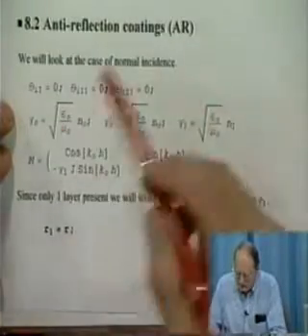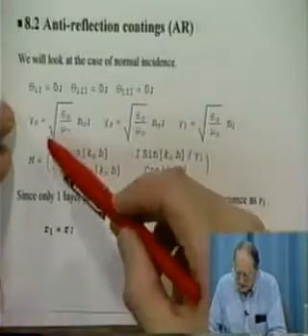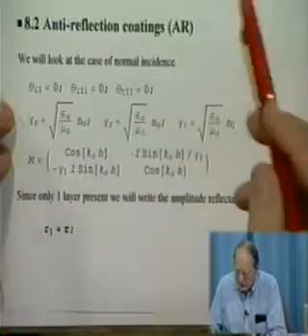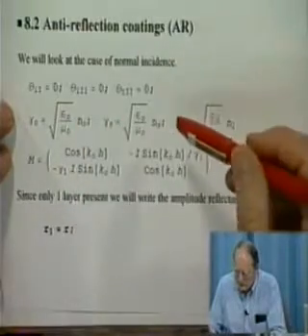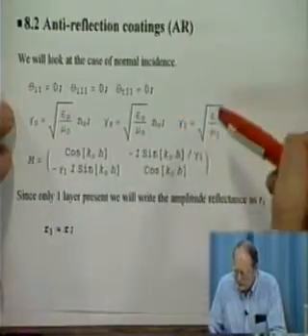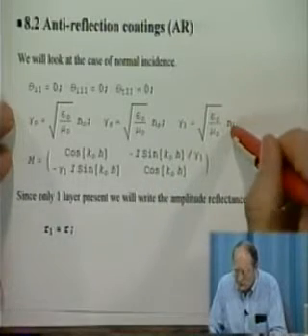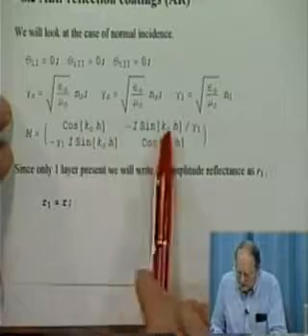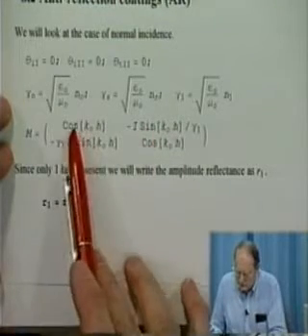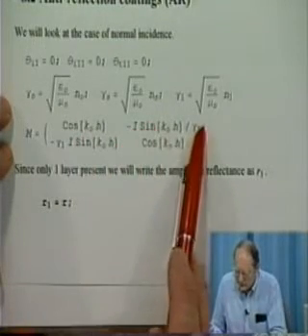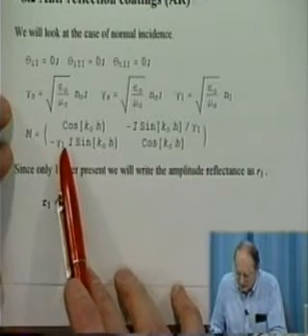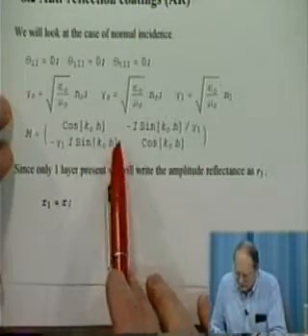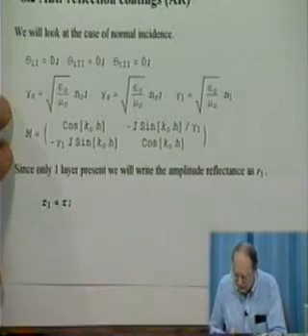And so gamma naught is square root of epsilon naught over mu naught n naught. Gamma sub s is the same except n sub s, and gamma 1 is the same except n1. And our elements here, the matrix, just become cosine, minus I sine divided by gamma 1, minus gamma 1 I sine of k naught h, and the cosine here.